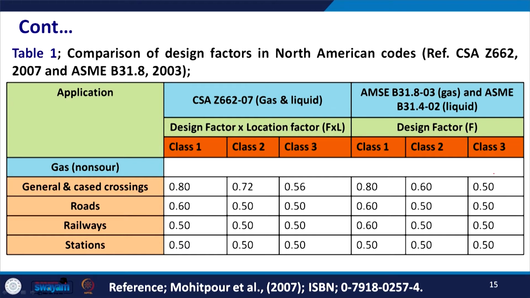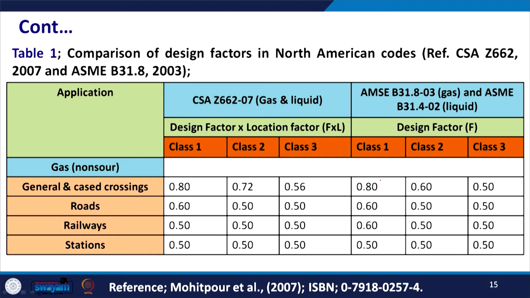If we take the design factor and location factor for CSA as well as the design factor for ASME, then for general and cased crossing, the design factor for class 1 is 0.80, class 2 is 0.72, and for class 3 it is 0.56.